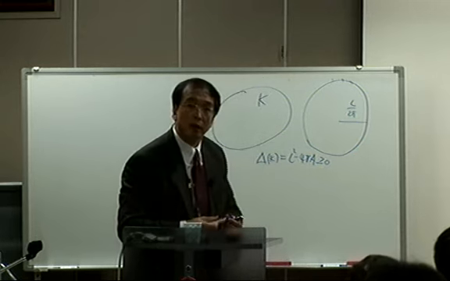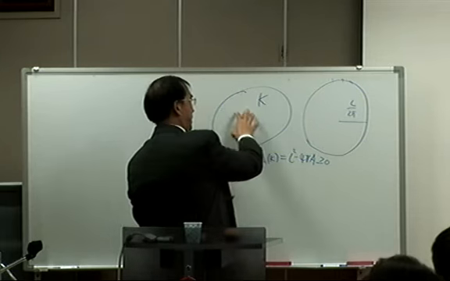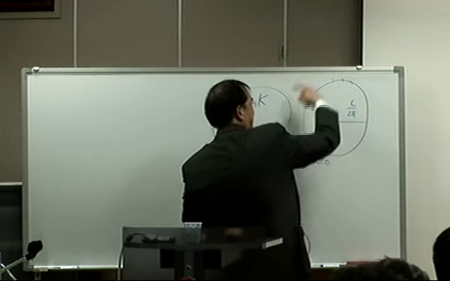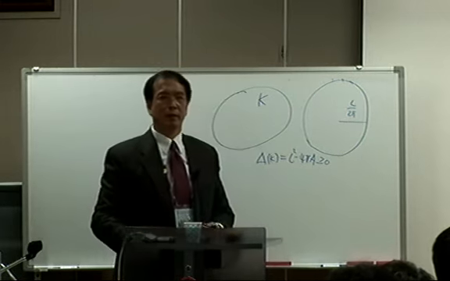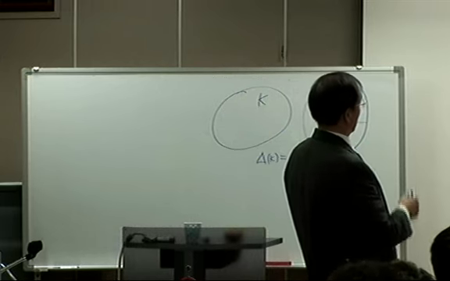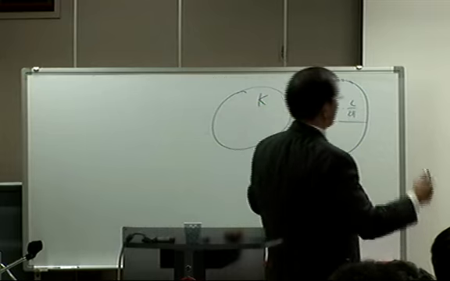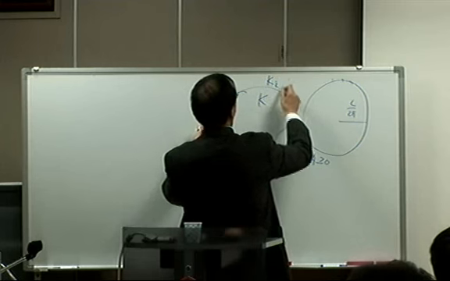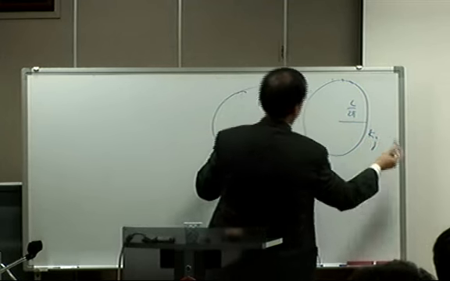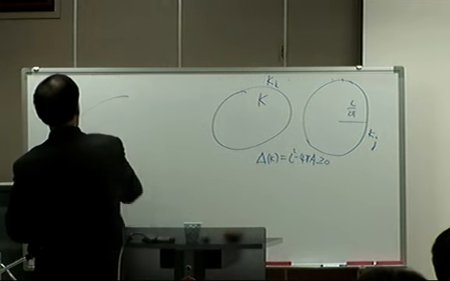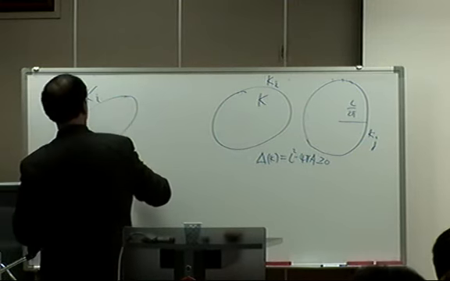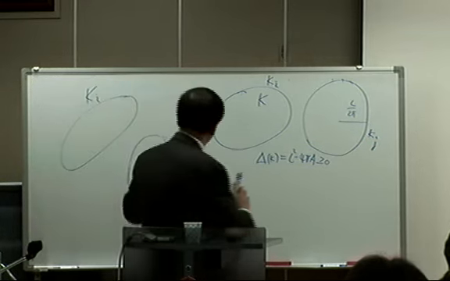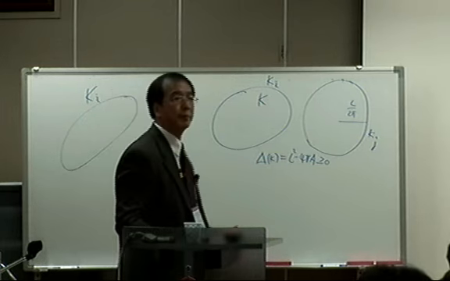We just compare K with a disk of the same circumference. If we are given any K, this is like the Ki, this can be the Kj. We directly compare them, okay?